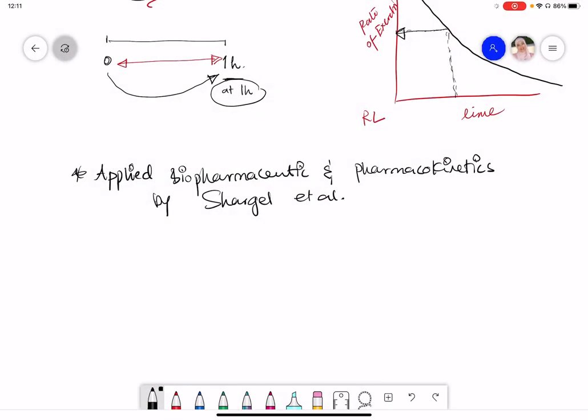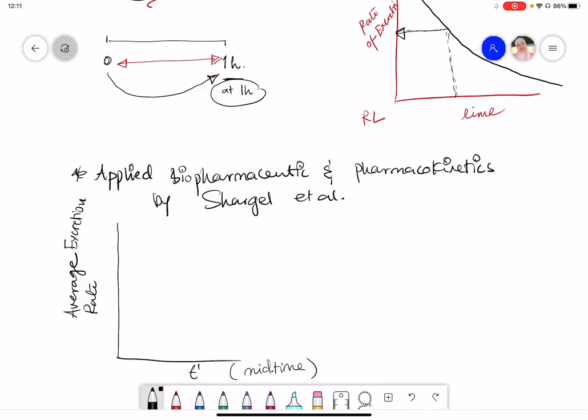So if we then draw the average excretion rate versus the mid time point, which again we may call T prime or T star, okay, we call it the mid time point or average time.